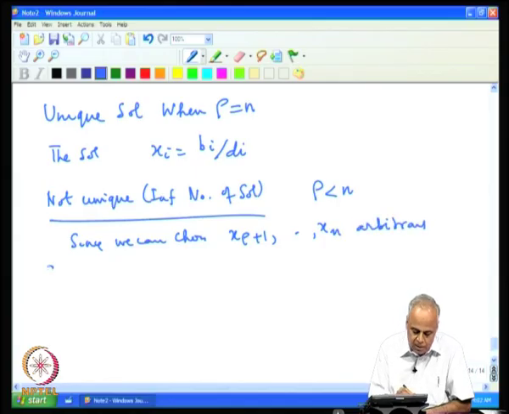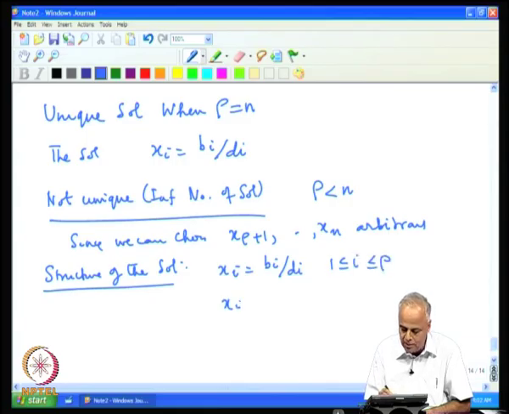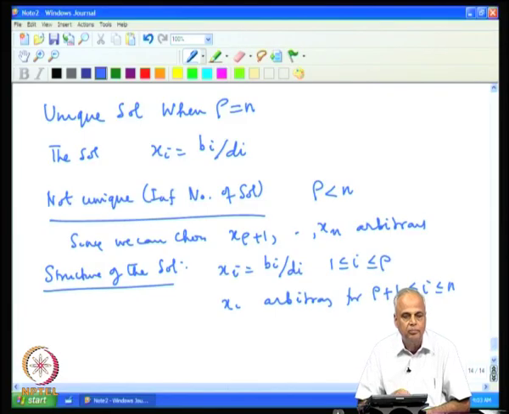So, what is the structure of the solution? The structure of the solution is xi equal to bi by di for 1 less than or equal to i less than or equal to rho, xi arbitrary for rho plus 1 less than or equal to i less than or equal to n.